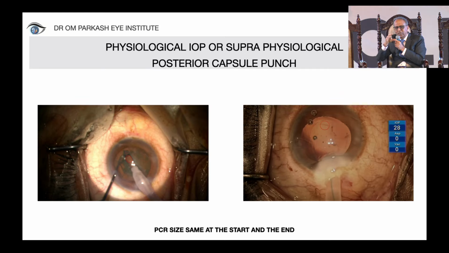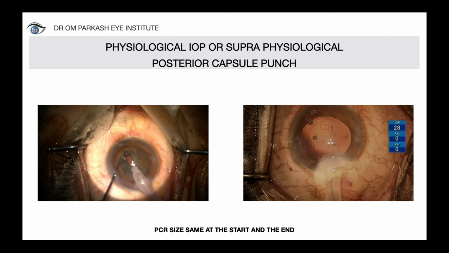First you put the haptics by just flexing them rather than pushing them in, and then you can pull the optic out. But that should be done only when we are sure that the capsulorhexis size is slightly smaller, so that the optic can hold on to have a reverse optic capture.